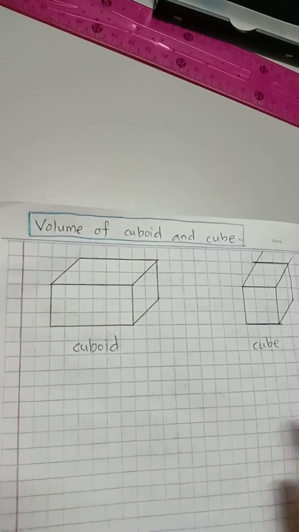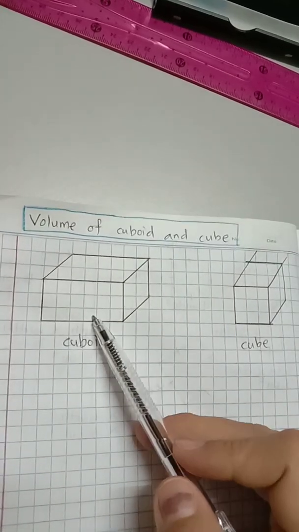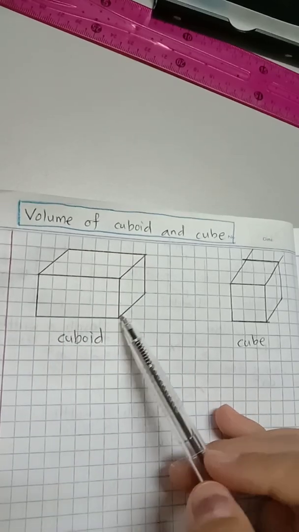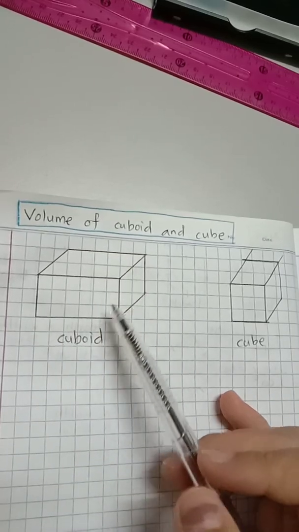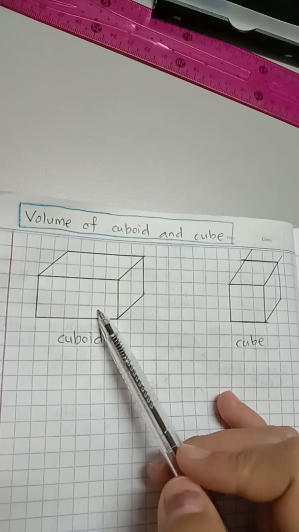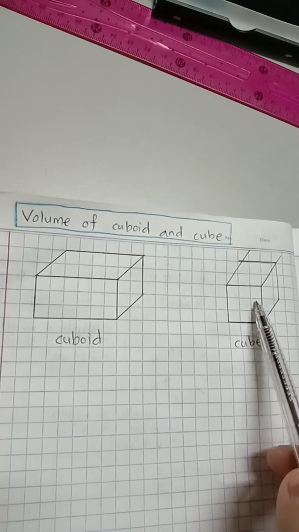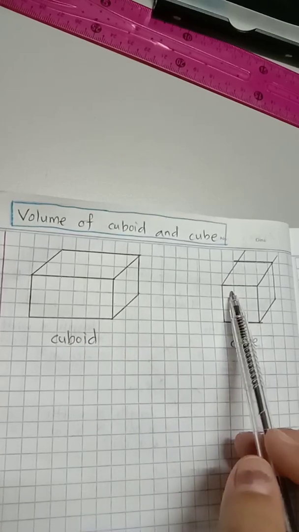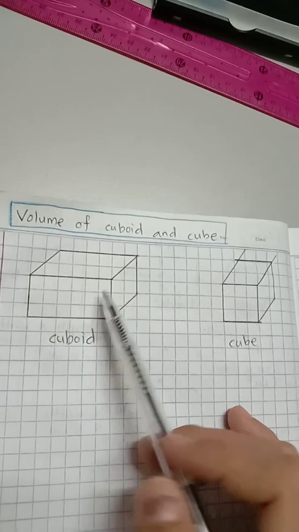How are we going to find the volume of cuboid? Now, as I mentioned earlier, this is a three-dimensional shape. Cuboid and cube are three-dimensional shapes. Why are they three-dimensional shapes?